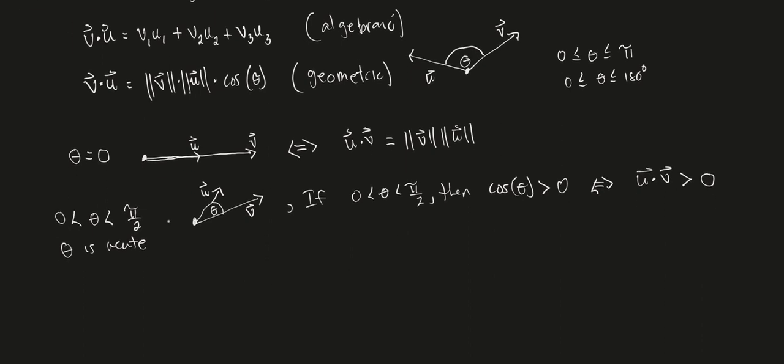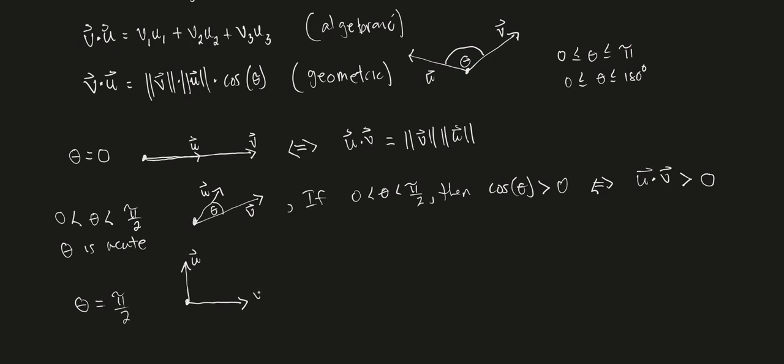Well, let's continue going around essentially our unit circle, really the upper half of the unit circle. What happens if our theta is pi over 2 or 90 degrees? That means the vectors would form an angle of 90 degrees. So they would look like this.